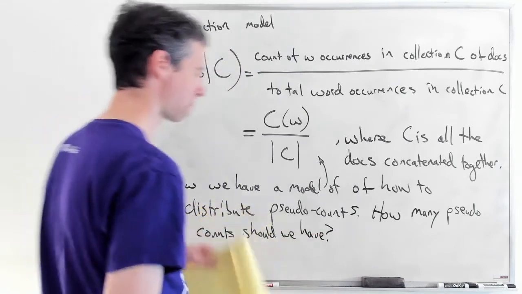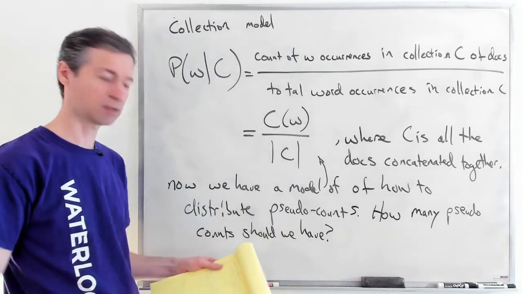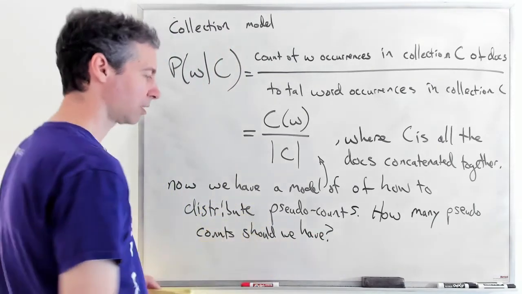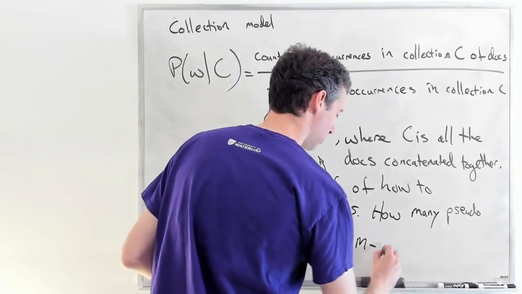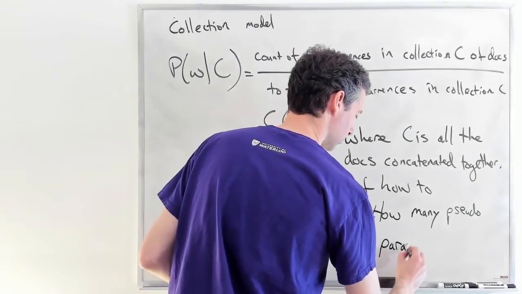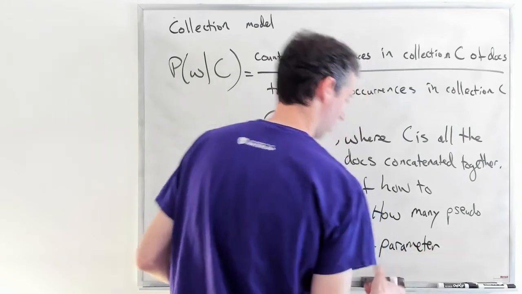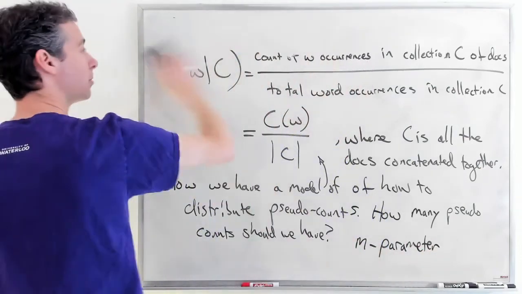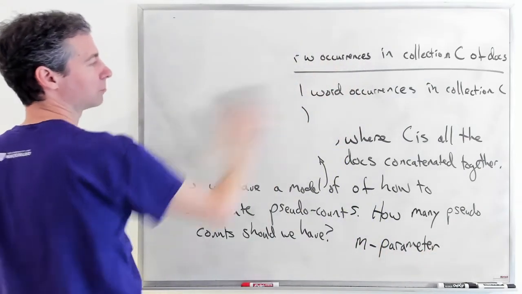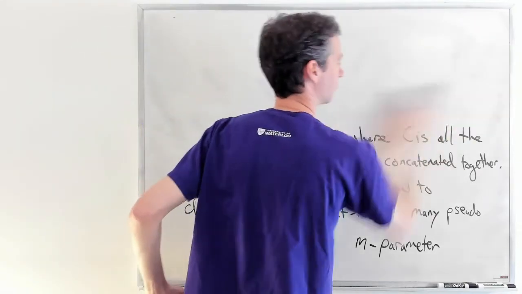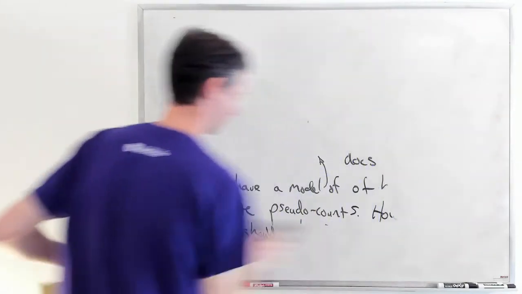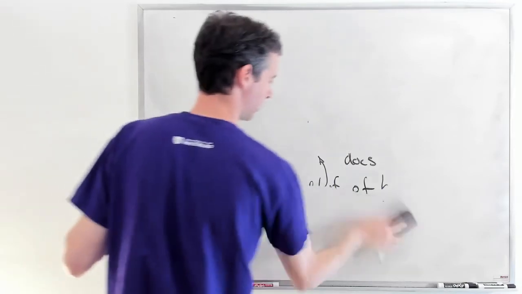And our answer to this is going to be a thing called the M parameter. So let me show you where the M parameter shows up. It shows up in the M estimate.